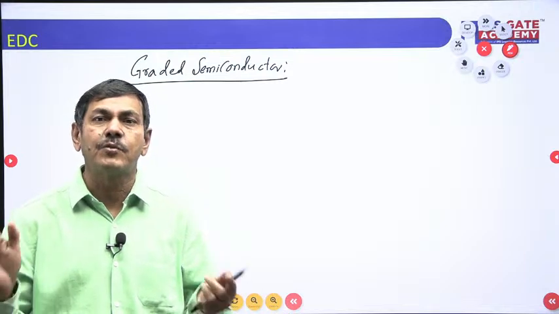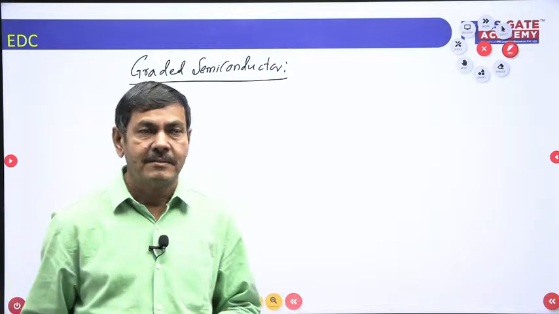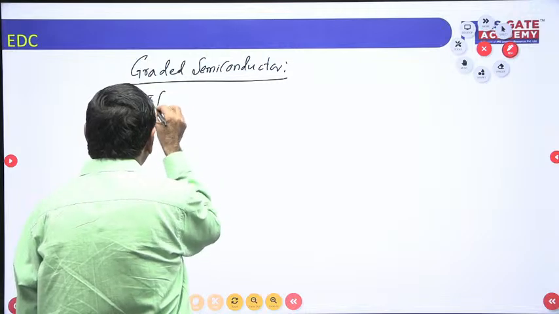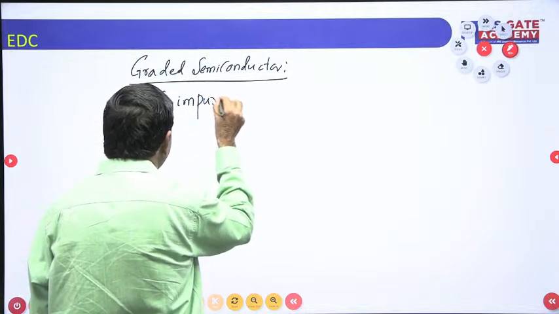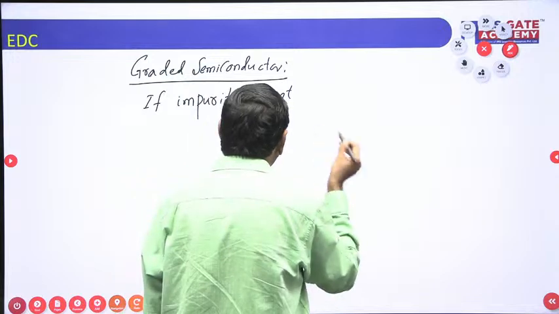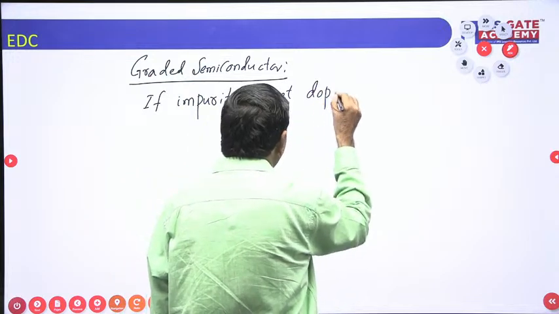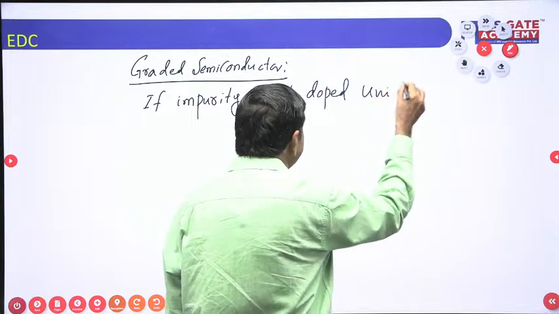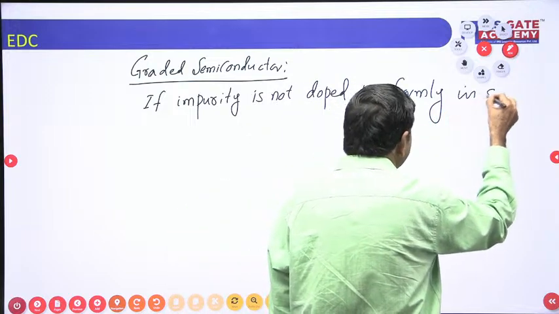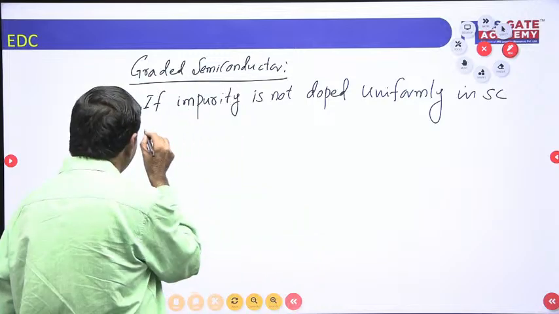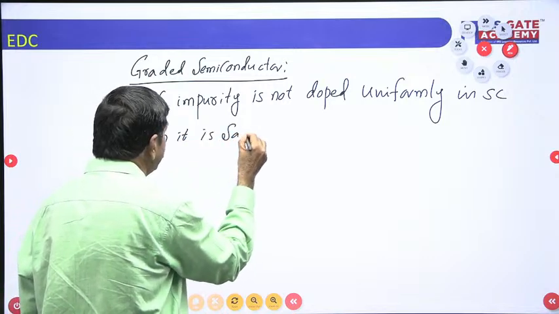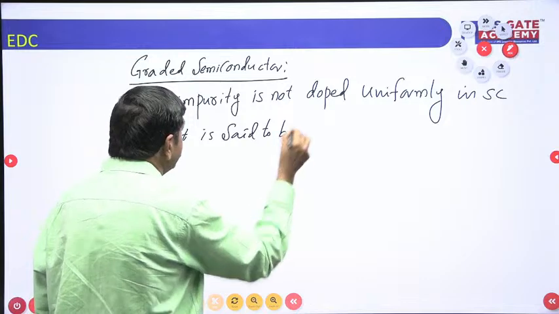It means it is not uniformly doped. If impurity is not doped uniformly in the semiconductor, then it is said to be a graded semiconductor.